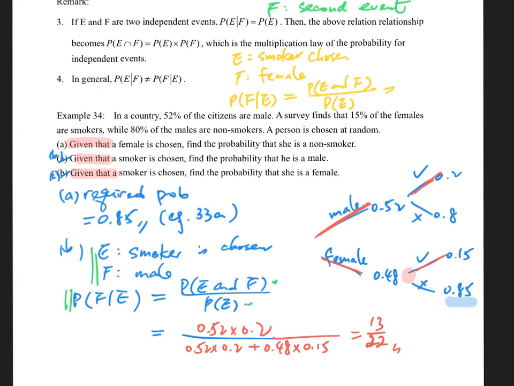P(E and F) means female smoker, so it's 0.48 times 0.15. The bottom one, in green, P(E), that's smoker chosen, so it includes male smoker and female smoker. That's exactly the same denominator as in the previous one, right?